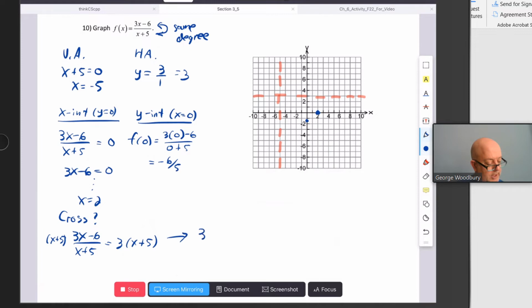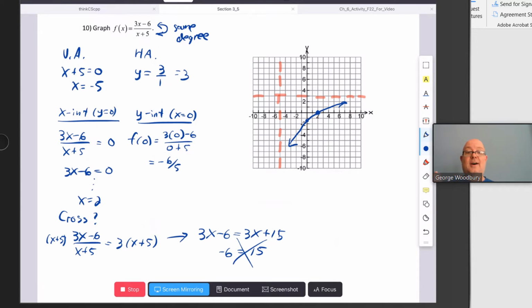And we get 3x minus 6 equals 3x plus 15. When we subtract 3x from both sides, we get negative 6 equals 15, and that can't happen. So it's not going to cross this. We can add more points to make it more precise, but I know it's going to have that kind of shape.